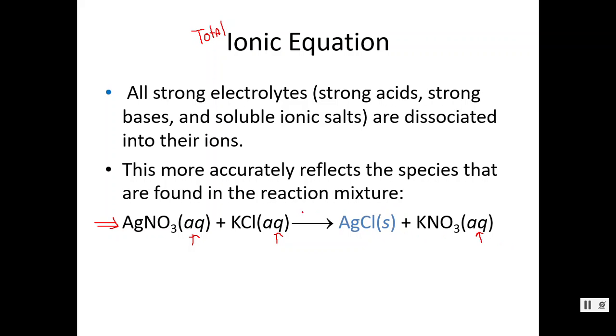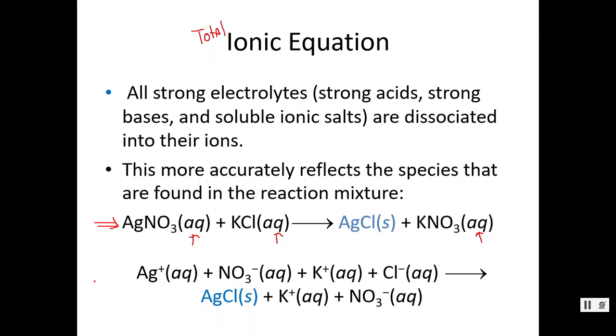So for this particular molecular equation of silver nitrate reacting with potassium chloride to give solid silver chloride and potassium nitrate, we can write the total ionic equation, which I'm just going to call TIE down here, by taking the species that are aqueous and splitting them into their cations and anions.